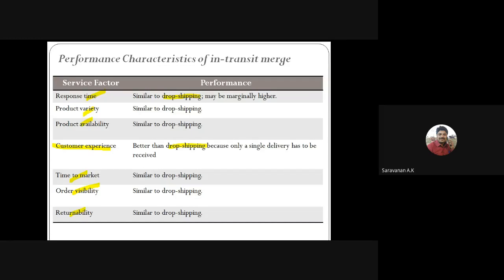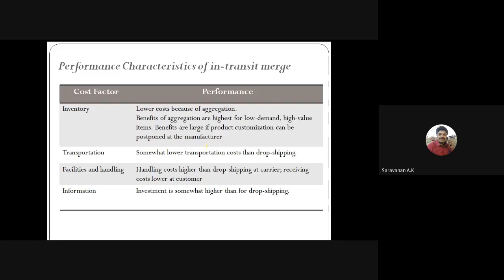Then the cost factor. In that cost factor, there may be some slight variations. In terms of inventory, the inventory performance is also similar to the drop shipment.